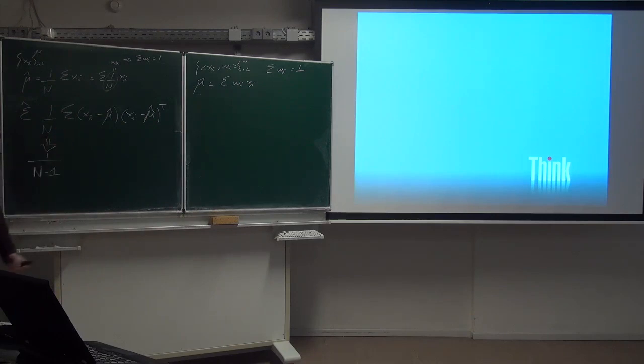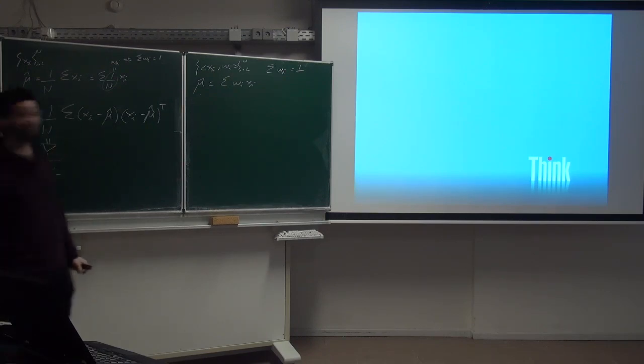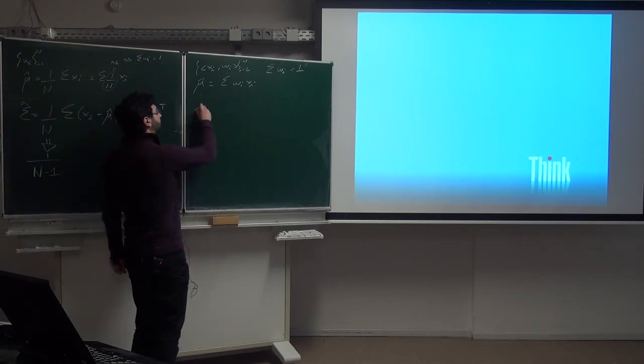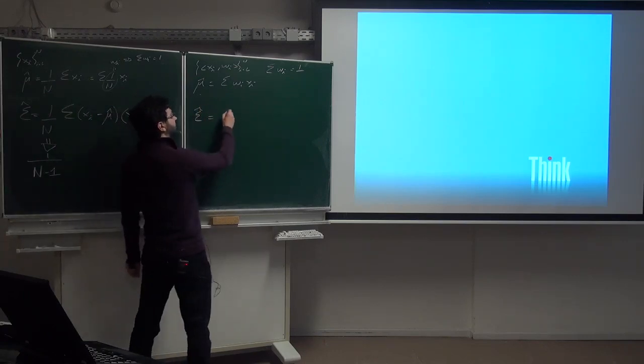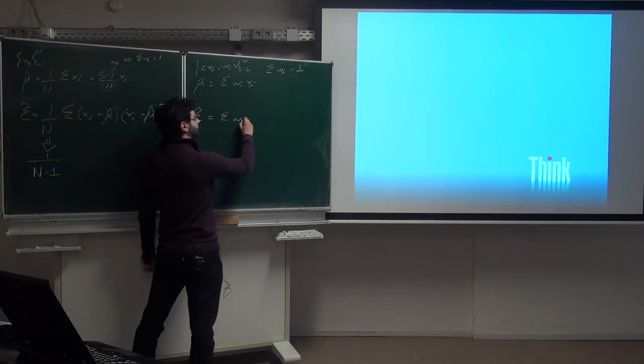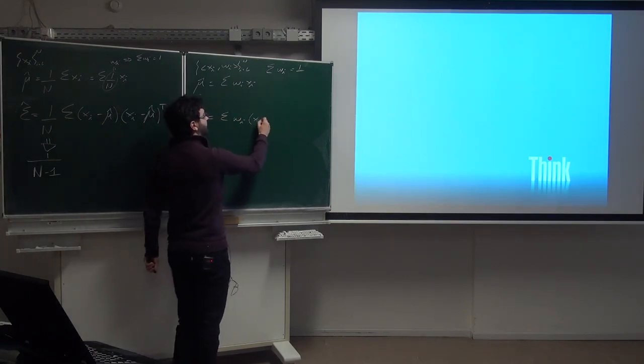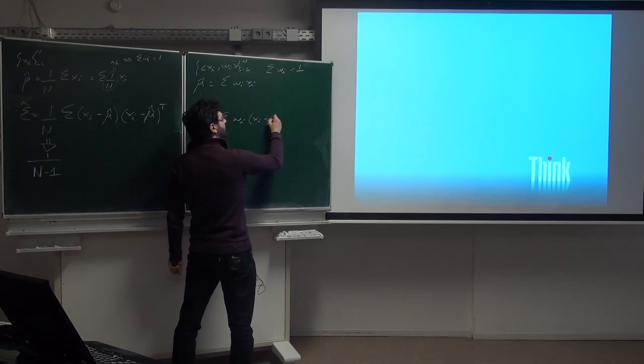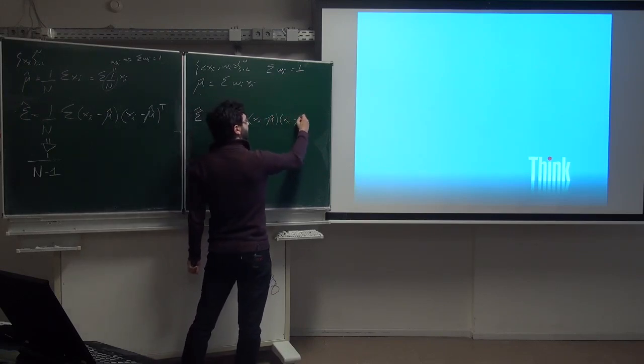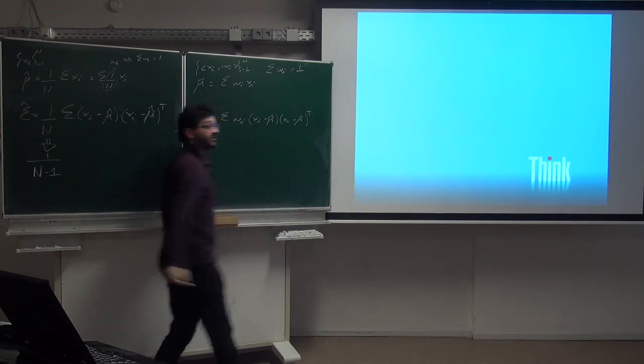We can do the same for the covariance, with the same reasoning. Let's start first with 1 over n, which is the easier way of doing it. So the biased estimator is actually the same form. We have our covariance, sigma, equal to the sum of the weighted xi minus the estimated mean, xi minus the estimated mean transpose.